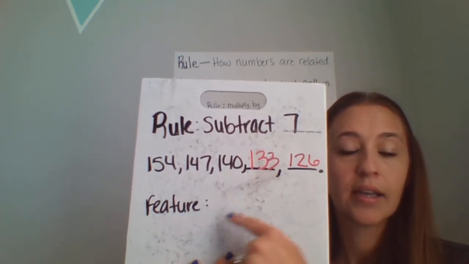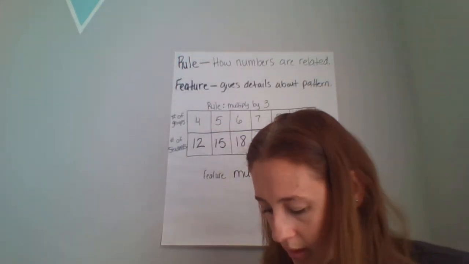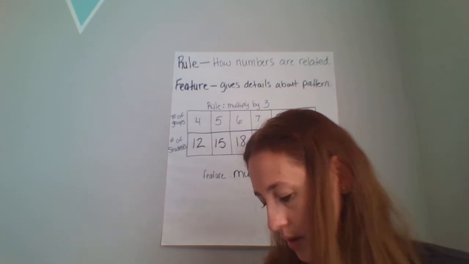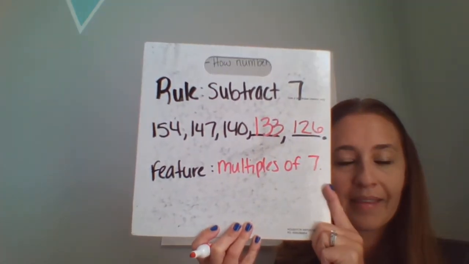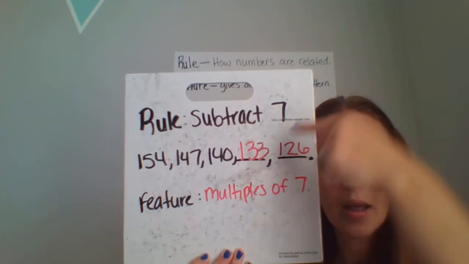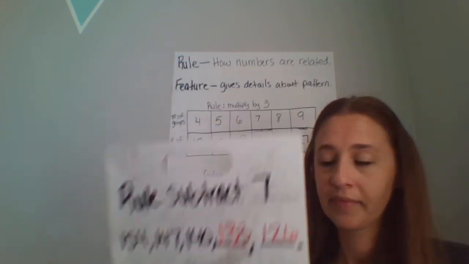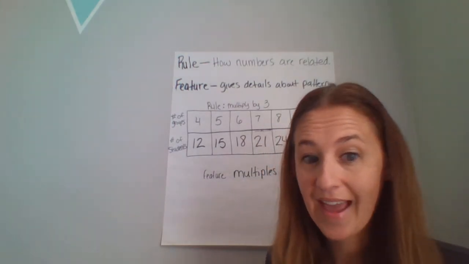Our feature is that they are multiples of 7. Pretty simple, right? Find the rule, apply the rule, tell me what the feature is. Pretty simple. Sometimes it's even simpler than that.